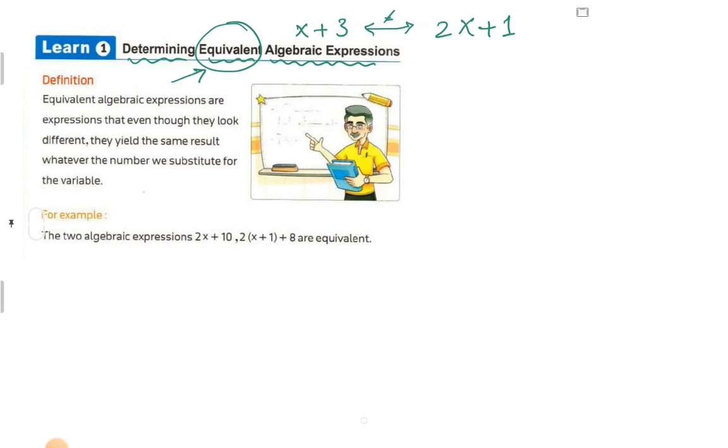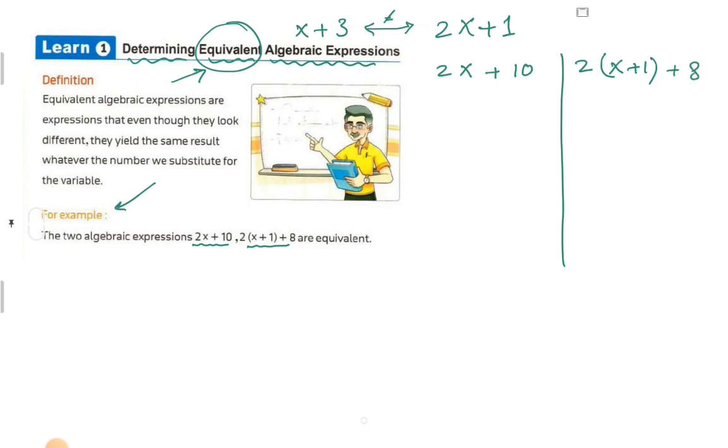Now, for example, we will take two algebraic expression. First one, 2x plus 10. And the other one, 2 by x plus 1, plus 8.